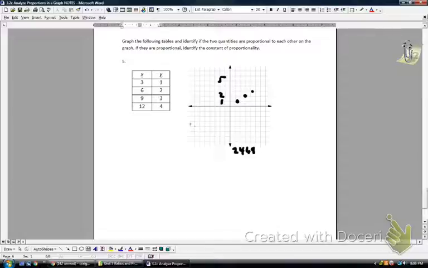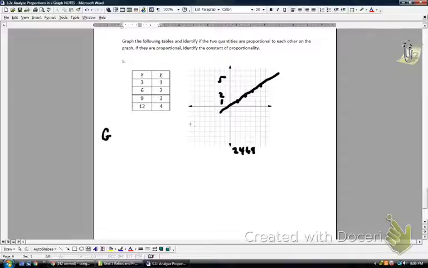Then I have 12, 4. Okay, so there's my graph. Alright, and they are proportional.